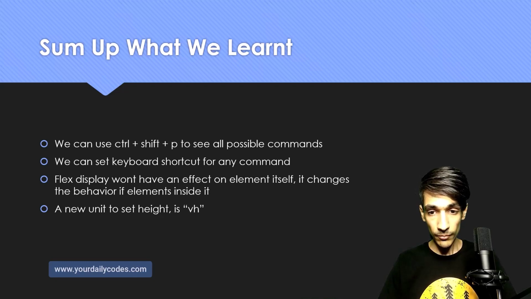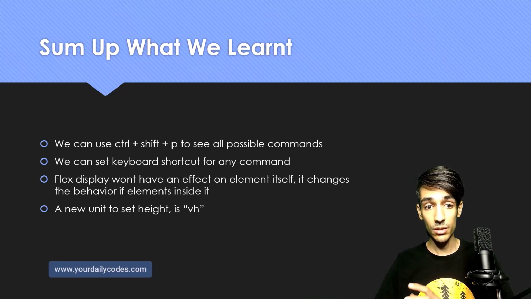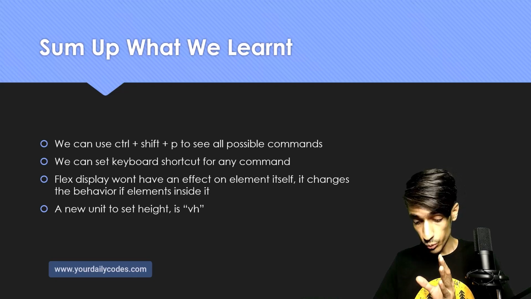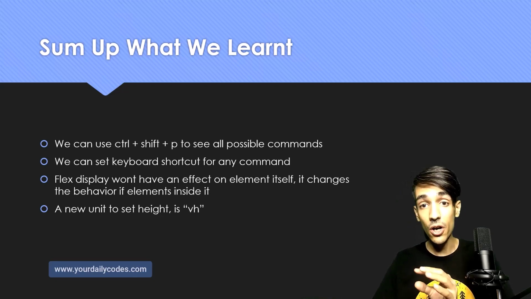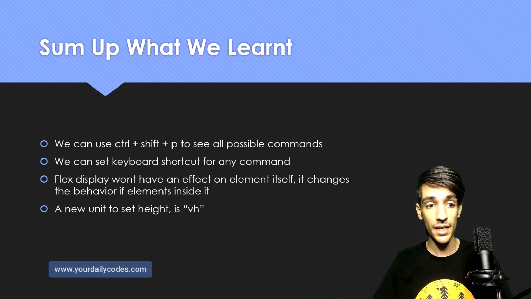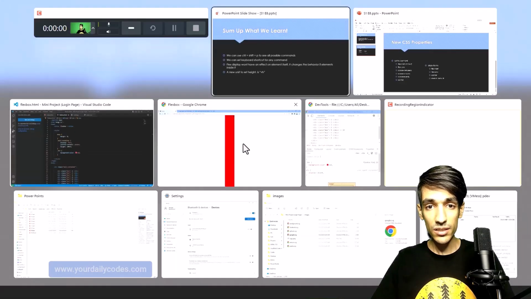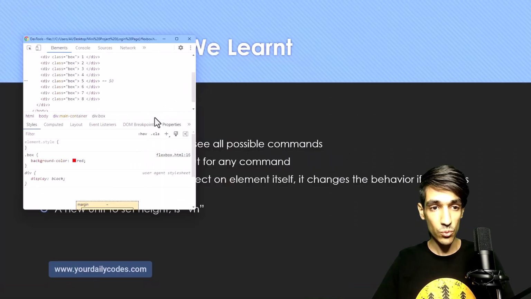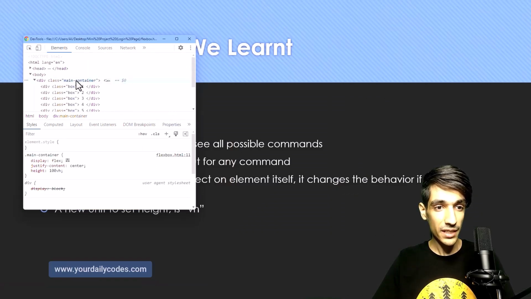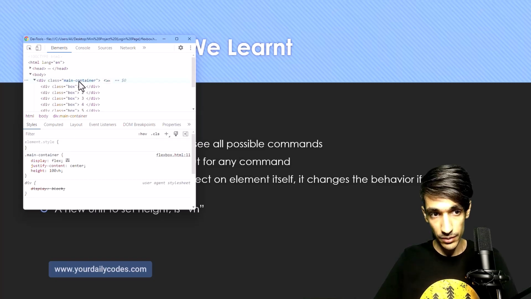So, display flex is something that has an effect on the content, or the elements inside. Let's mention something else as well. For example, this main container that we had here was display flex. So the div itself is treated like a block element, but the content inside it changes.